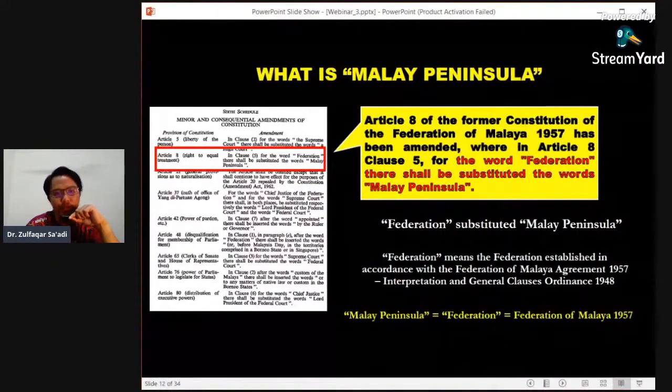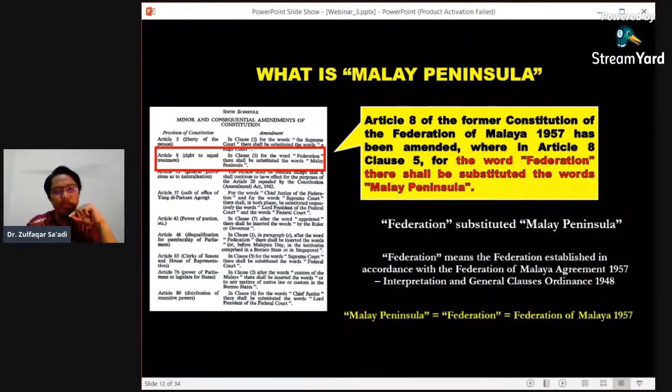In Clause 5, for the word Federation, there shall be substituted the words Malay Peninsula. So in the Federal Constitution of the Federation of Malaya, in Article 8, Clause 5, the word Federation has been replaced with the Malay Peninsula. So Article 8 of the former Constitution of the Federation of Malaya 1957 has been amended, where in Article 8, Clause 5, for the word Federation, there shall be substituted the words Malay Peninsula.